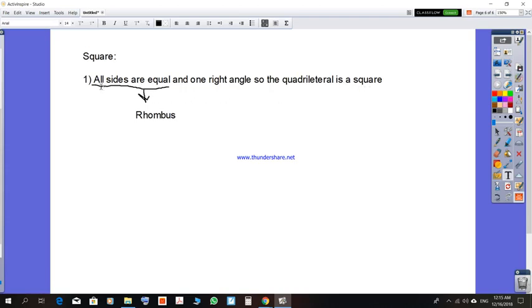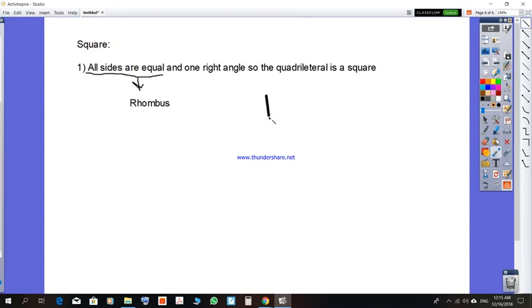Here, all sides are equal. If I prove that all sides are equal only, that means it is not a square, it is a rhombus. And then we add one right angle, it becomes a square. Okay? Like this is a square.